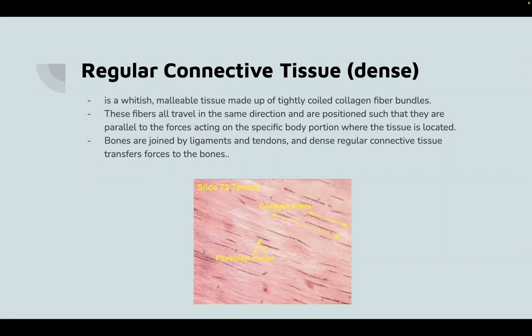The dense regular connective tissue consists of tightly packed parallel collagen fibers with a limited amount of ground substance and fibroblast cells squeezed between the fiber layers. This tissue doesn't have a good blood supply, so when it's injured, it takes a long time to heal. This tissue is found in tendons and ligaments as it can withstand a lot of stress.